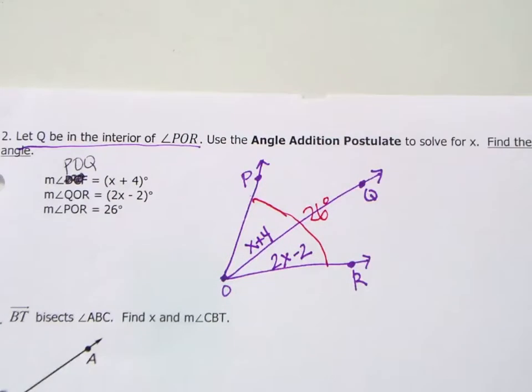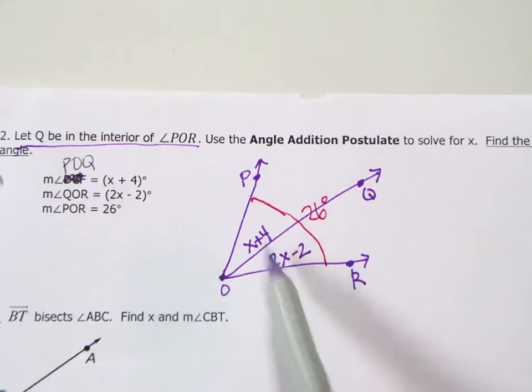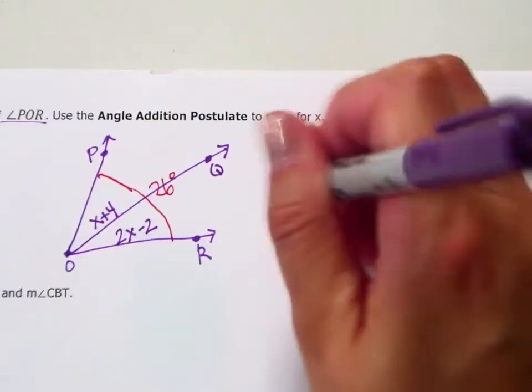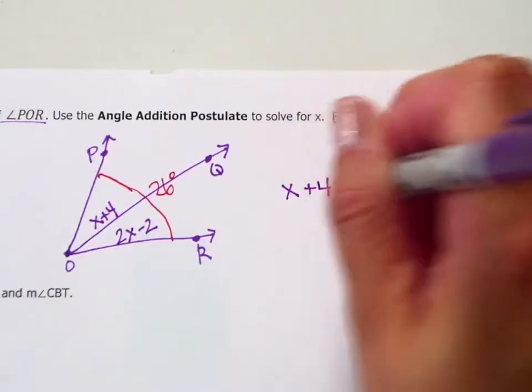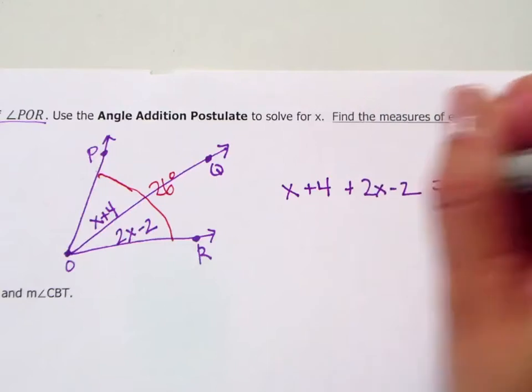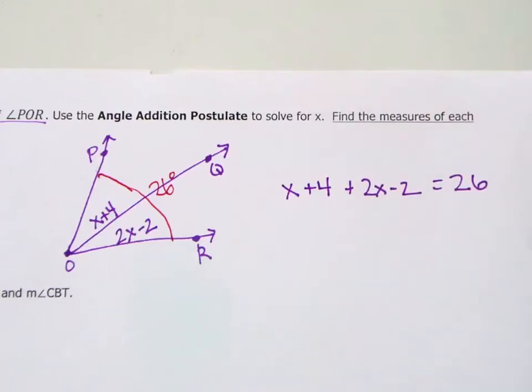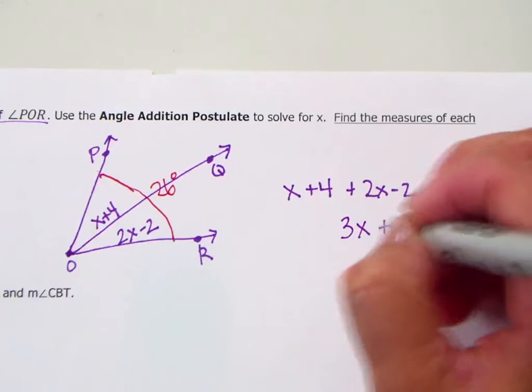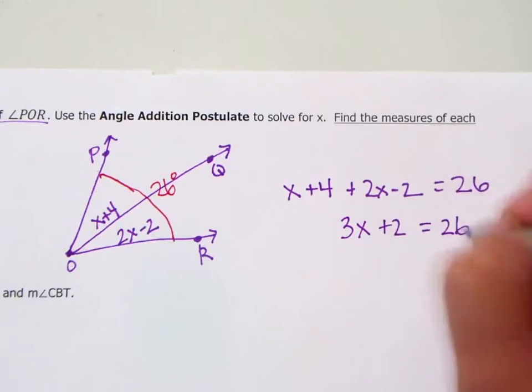Well, our angle addition postulate says the part plus the part has to equal the whole. So the first part plus the second part equals the whole thing. And then from there, it's just an algebra problem. Combine your like terms and solve for x.